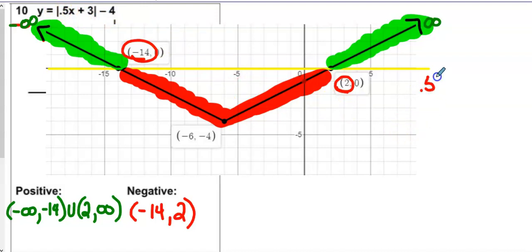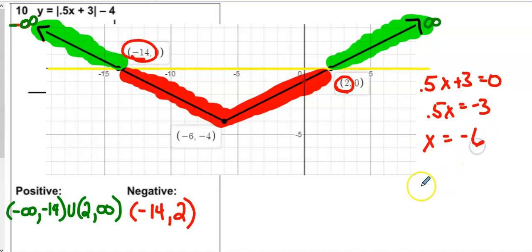So 1/2 x plus 3 equals 0. 1/2 x equals -3, multiplied times 2, and x equals -6. So if you set that equal to 0, that gives you the x value for your vertex, and that's actually your left or right movement, the -6.